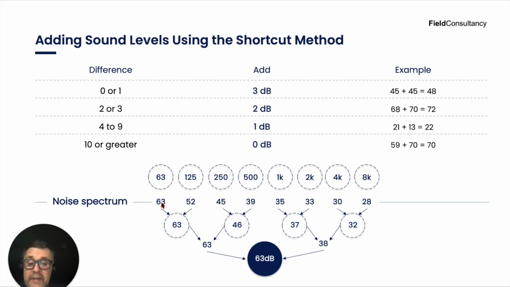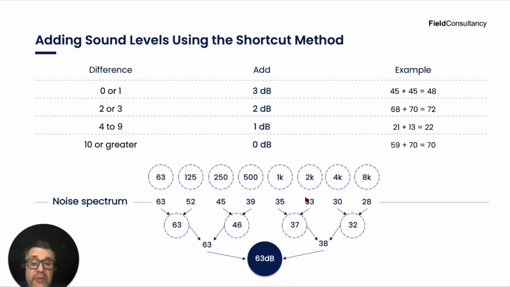In this case here, 63 dB plus 52 dB is more than 10 decibels difference. Therefore, the overall sound pressure level is still 63 dB. In the neighboring band, a 45 dB source plus a 39 dB source has a difference of 6 dB. When you have a difference of 6 dB between the two sound levels, you add 1 to the higher level. Therefore, the overall level is 46.